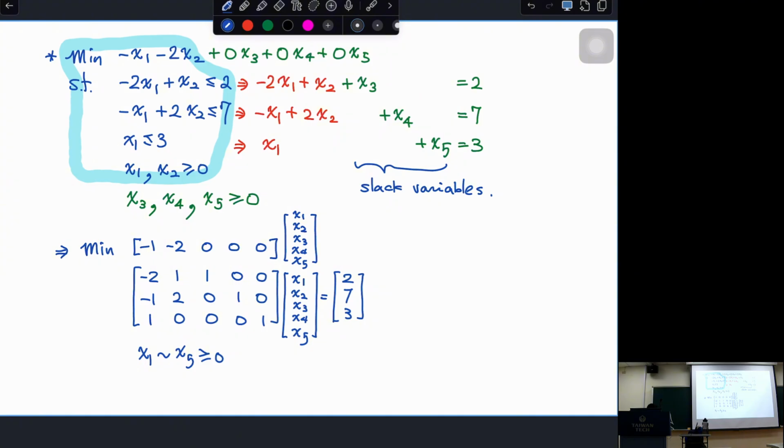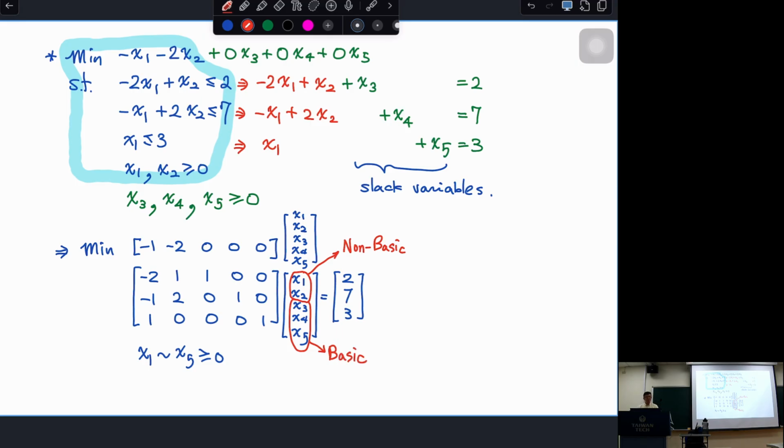For the first two of them, x1 and x2, they are the first group. x3, 4, and 5, they are the second group. And for the first group, I'm going to call it the non-basic variable. And this one is basic. I'm going to group it in this way.